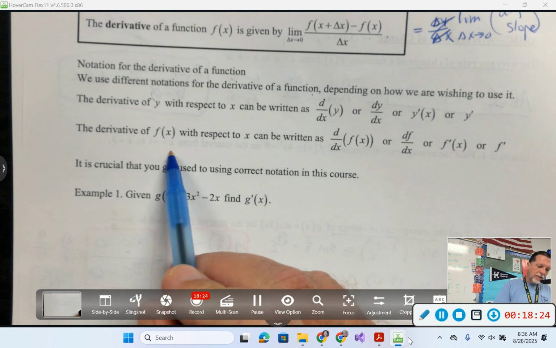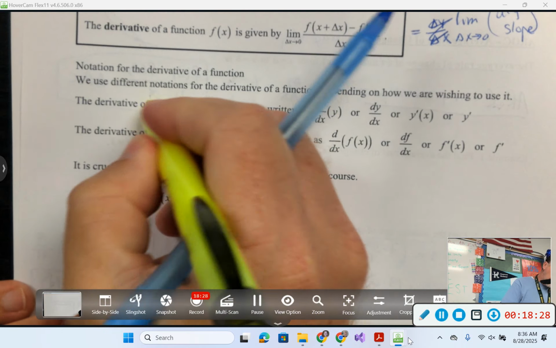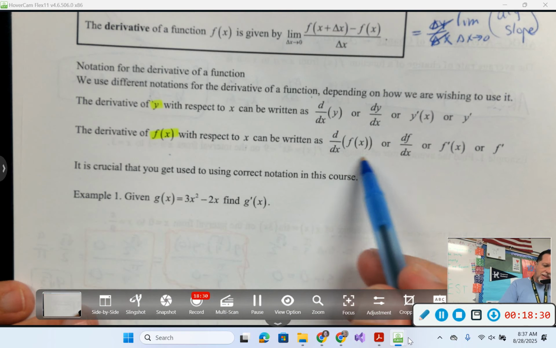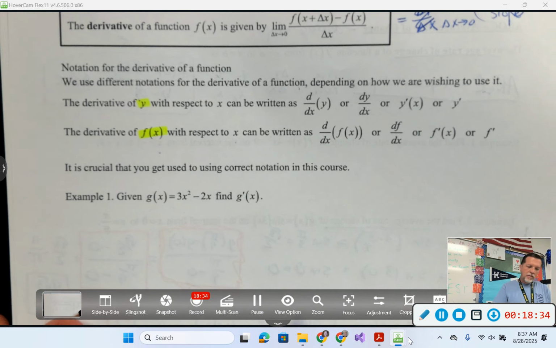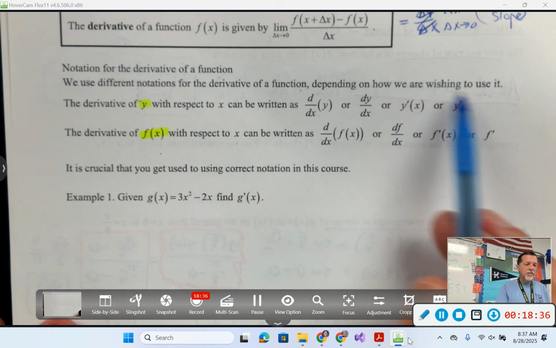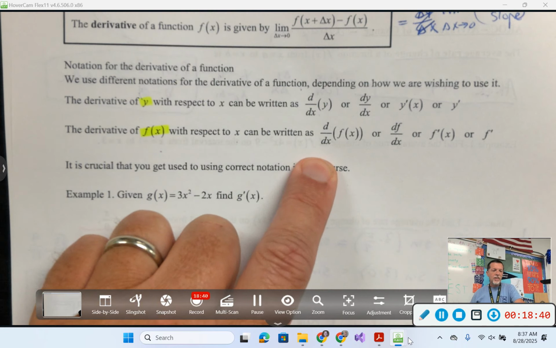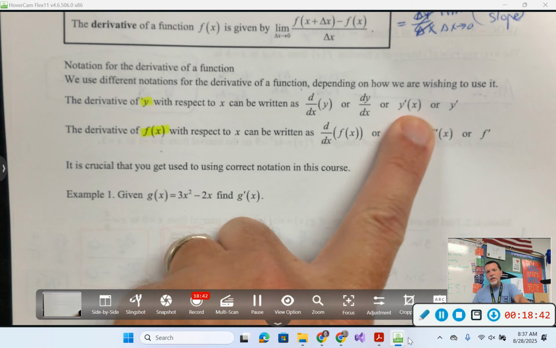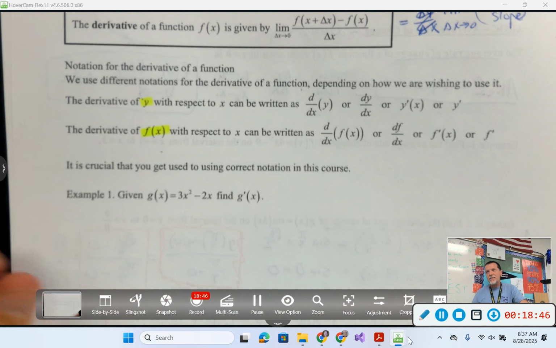Derivative of f of x with respect to x. So if we just replace y with f of x, then it's all the same stuff. We just replaced y's with f's. So there's like 8 different ways to say the derivative. You can use y, or you can use f. You can use the apostrophe. You can have a parentheses or not have a parentheses. But all of those are exactly the same thing.